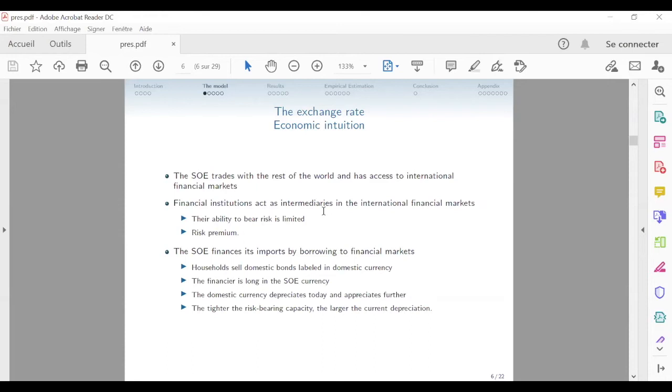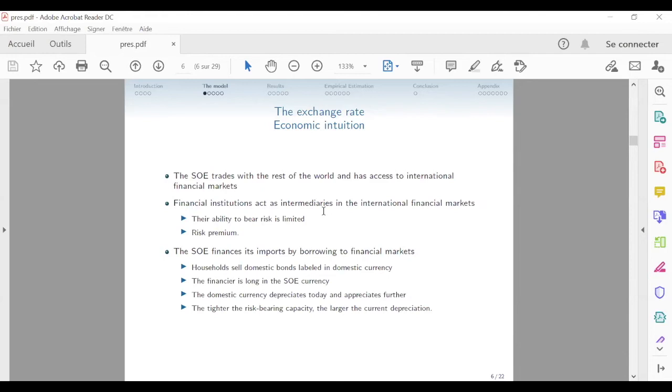So now I'm going to give you a really simple example in order to understand how the exchange rate evolves in the model. The small open economy finances its imports by borrowing from international financial markets. In such a case, households will sell domestic bonds denominated in domestic currency.